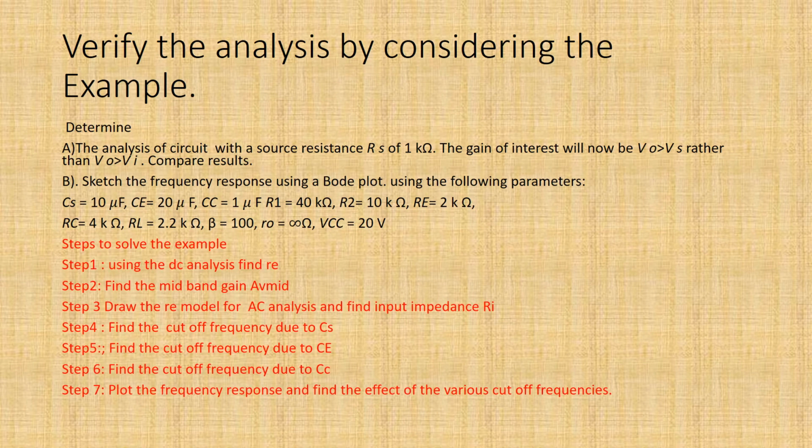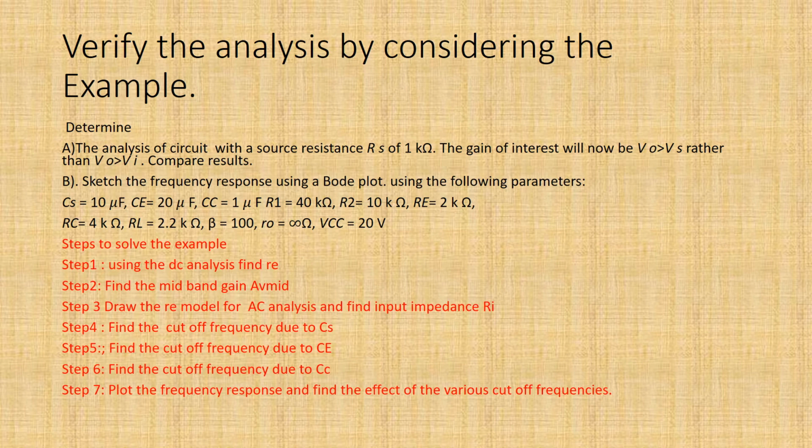So in order to understand the analysis, let us try to verify it with an example. Here, what is given is that we have to perform the analysis with source resistance Rs of 1 kilo ohm, and the gain of interest will be V0 upon Vs rather than V0 upon Vi, and we have to compare the results.